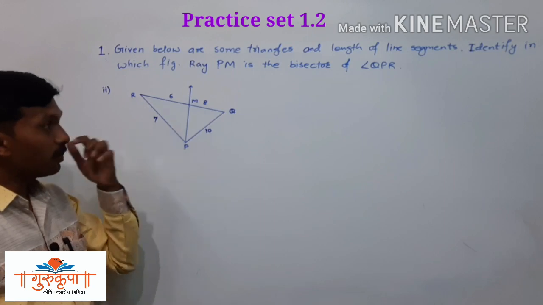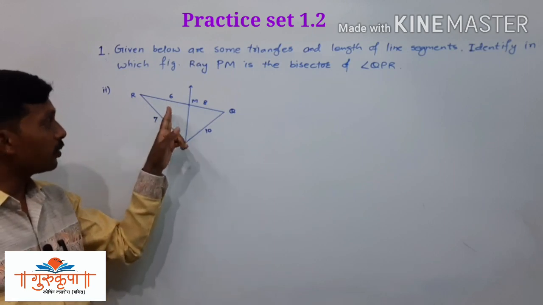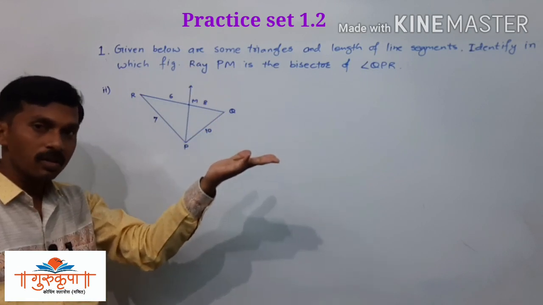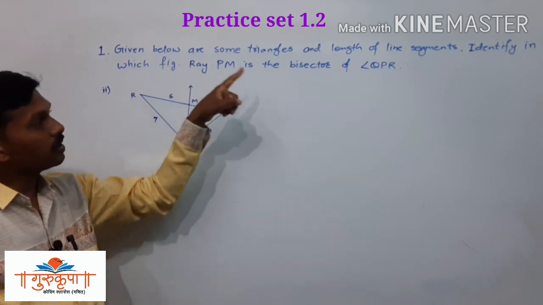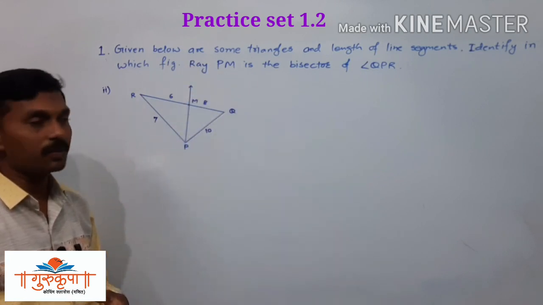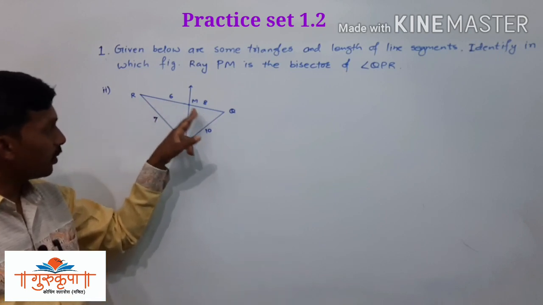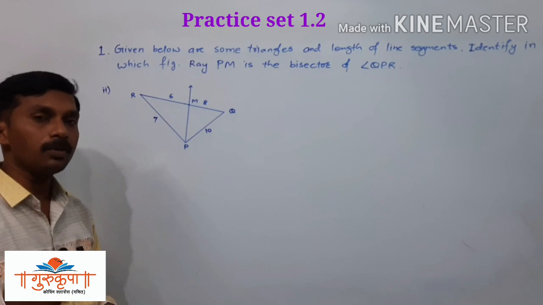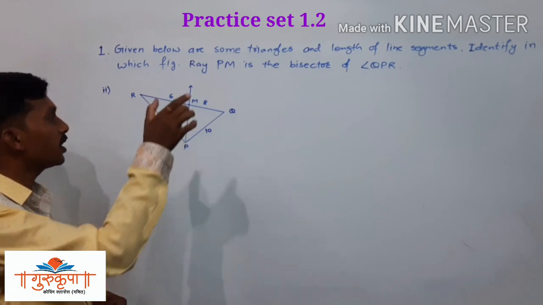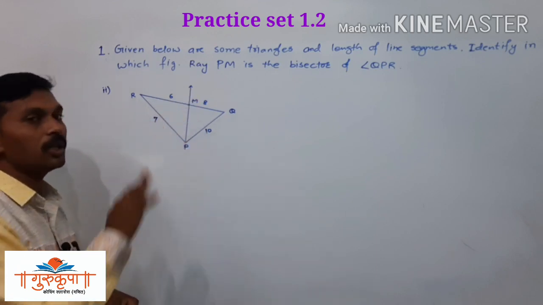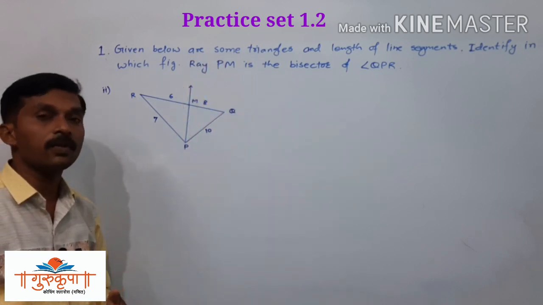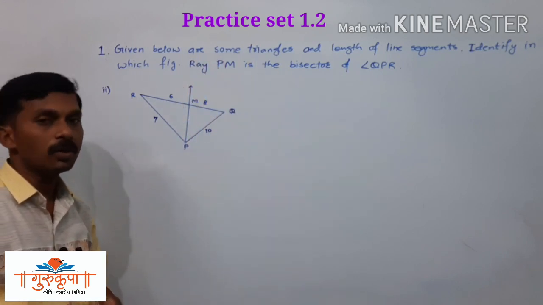In the previous example also we studied that here we have to use either the angle bisector theorem or the converse of the angle bisector theorem. We cannot use the angle bisector theorem here. Definitely we have to use the converse of the angle bisector theorem only, since we have to determine whether PM is the bisector of angle QPR or not.